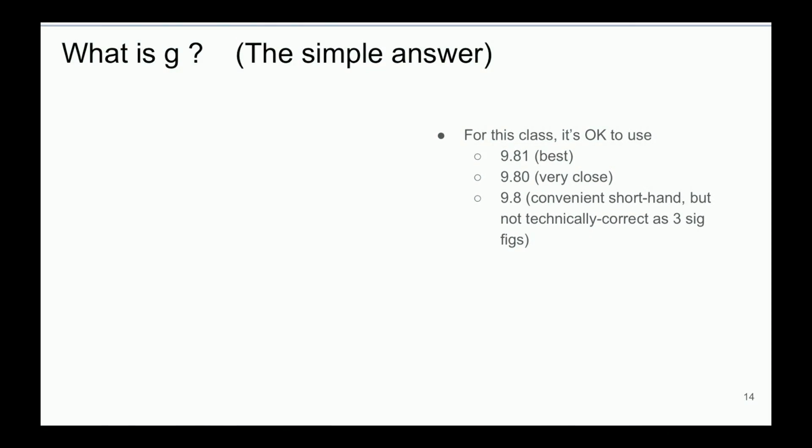I have been using 9.81 for G. I sometimes use 9.8, and I will tell you that the difference between 9.8 and 9.81, I've done the calculation. If you use one versus the other, your error is going to be 0.1%. It's not a big deal. So I don't make a big deal out of 9.81 versus 9.8.